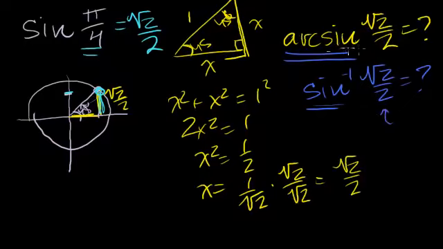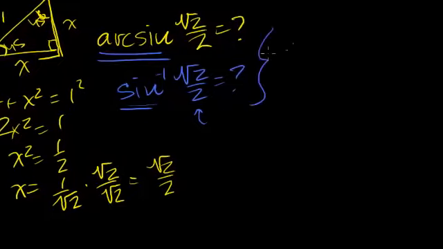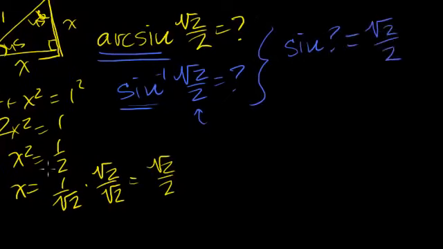I could rewrite either of these statements as saying sine of what is equal to the square root of 2 over 2. And this, I think, is a much easier question for you to answer.